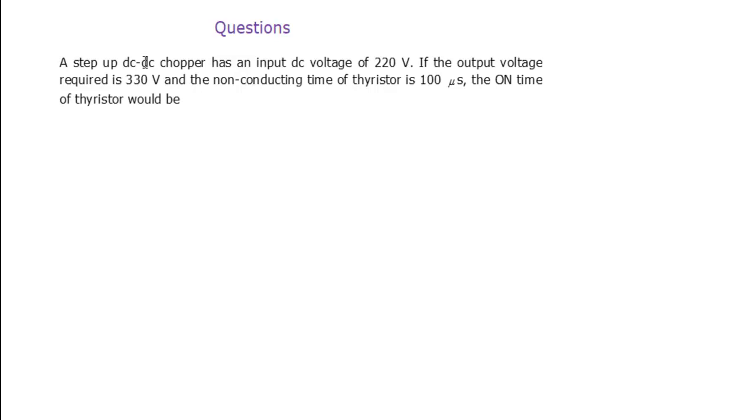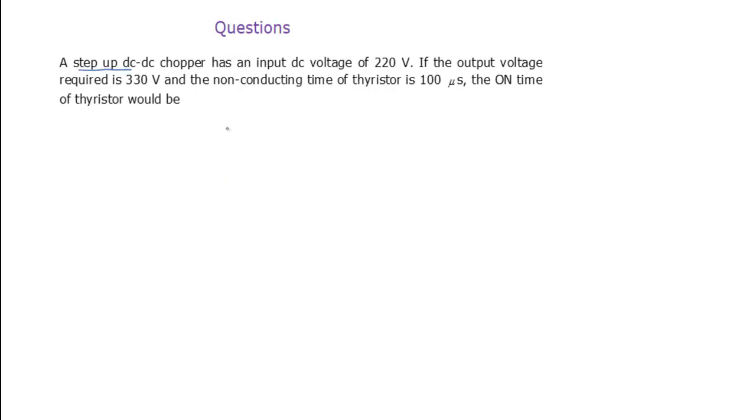A step up DC to DC chopper has input DC voltage of 220 volts. If the output voltage required is 330 volts and non-conducting time of the thyristor is 100 microsecond, the on time of the thyristor would be. So that means T off is given, we need to calculate T on. To calculate T on or anything, first we need to know the duty ratio. How to calculate the duty ratio? Based on what circuit it is given. Here a step up chopper is given.